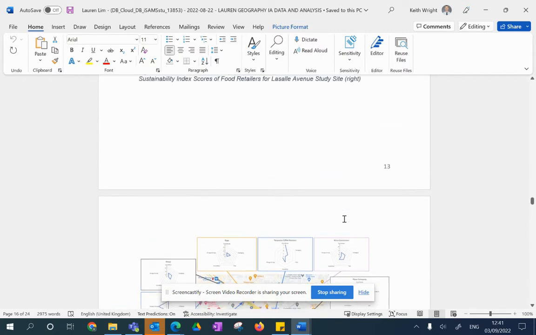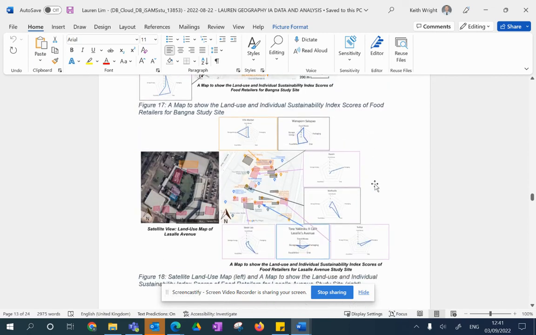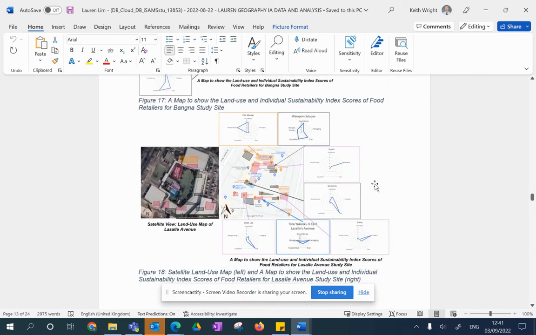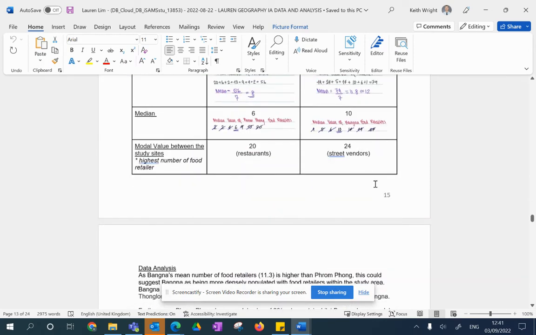So, like I said, we need a description of what this data is showing. We need more explanation. We also need to refer to anomalies in there. So things like Sloan's was an anomaly in Bangor. Why was it an anomaly? Okay, explain that. He doesn't benefit from a lot of passing trade.